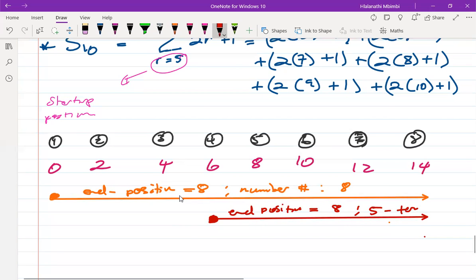You're adding 5 terms. So you can see literally by changing r, you can start elsewhere.